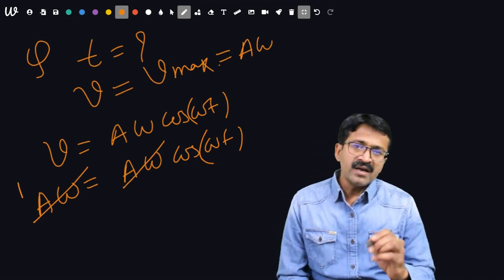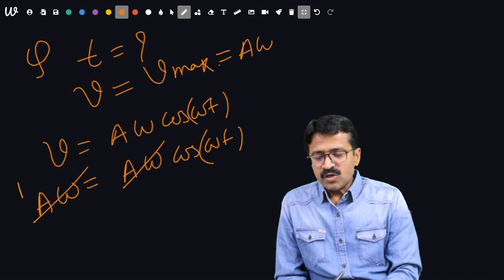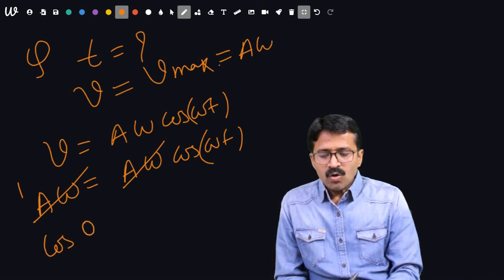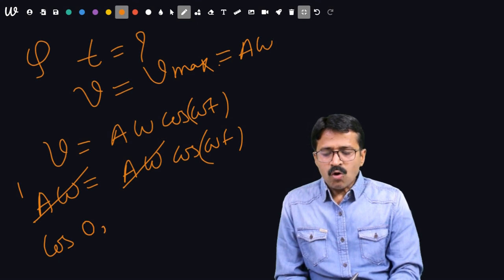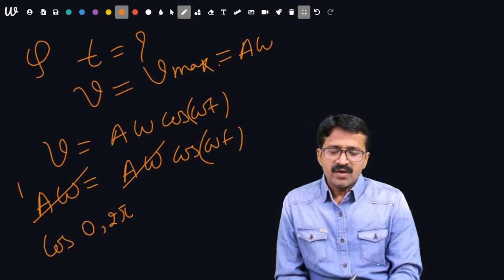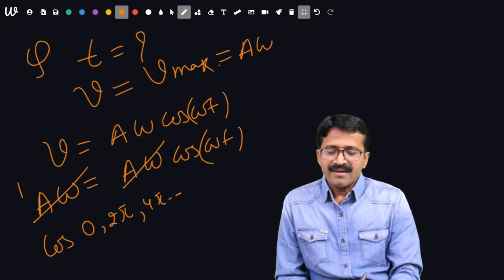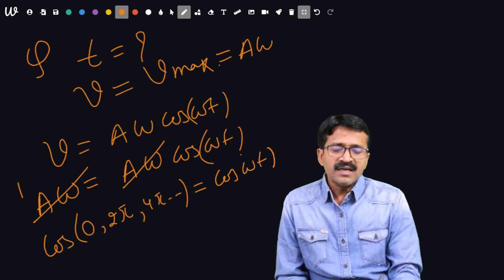There will be 1. In cos, the value 1 is cos 0 or cos 2π or cos 4π. In this way, it will be cos ωt.